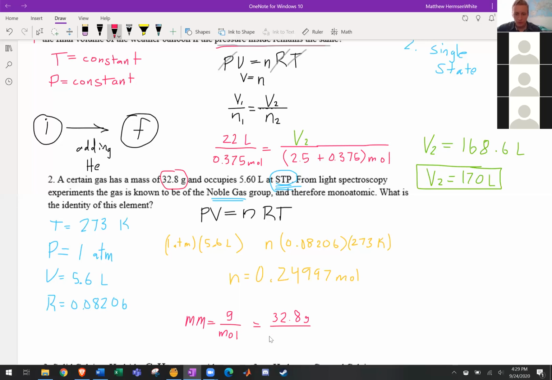And the number of moles, we know what that is. That is 0.24997. So do 32 divided by 0.24, and we get 131.21 grams per mole.